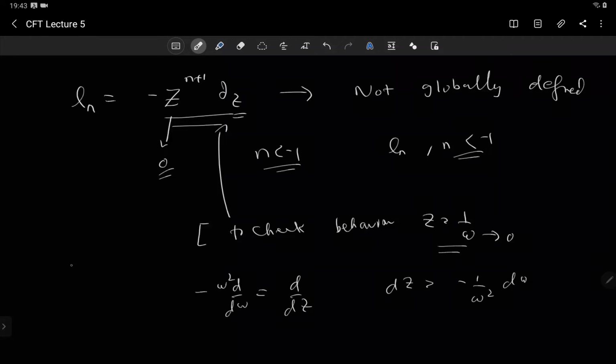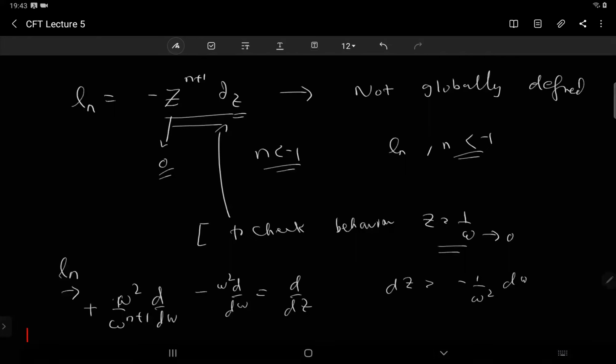So therefore, ln will go to minus this, z will become 1 by omega to the power n plus 1, and then you'll have omega square on top, dd omega. So ddz becomes omega square dd omega. The minus sign is not important, but that is not the important factor here. The important factor is the power of omega.